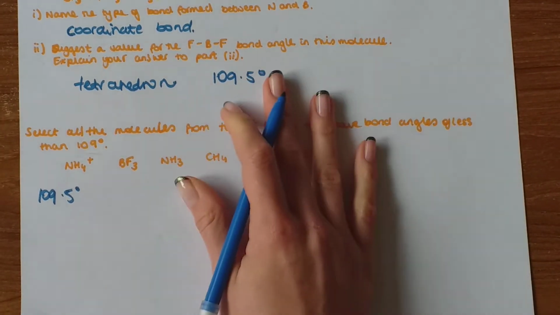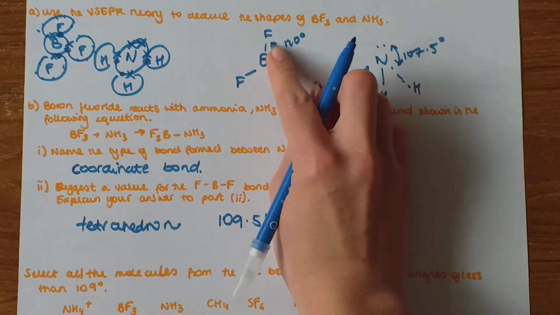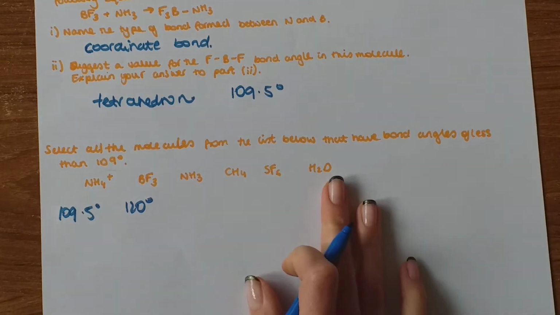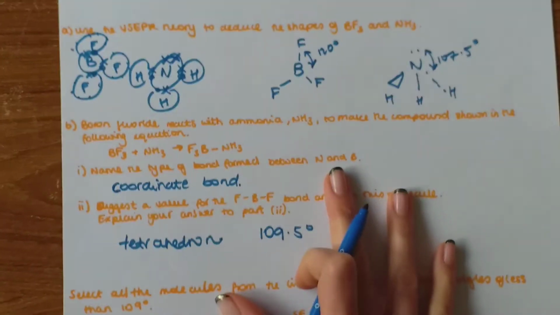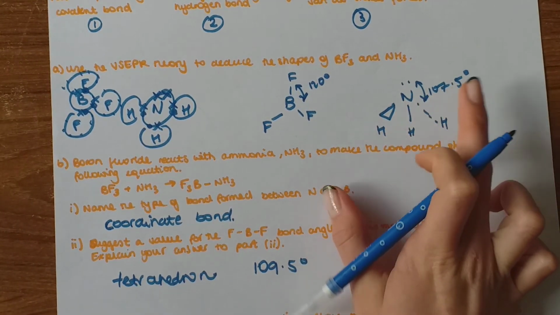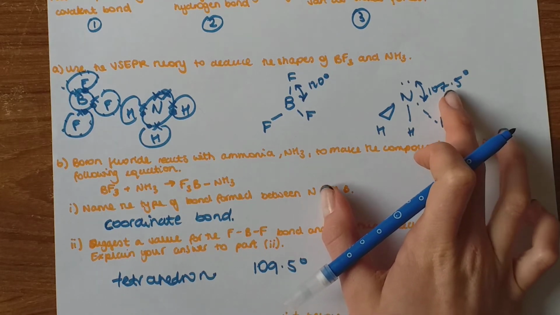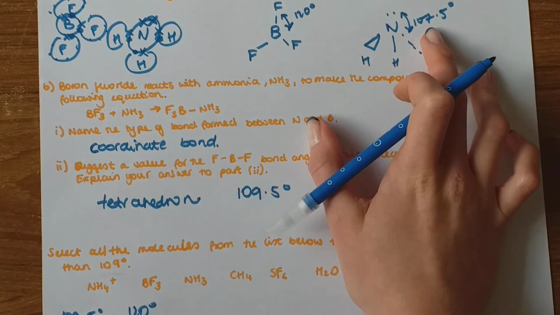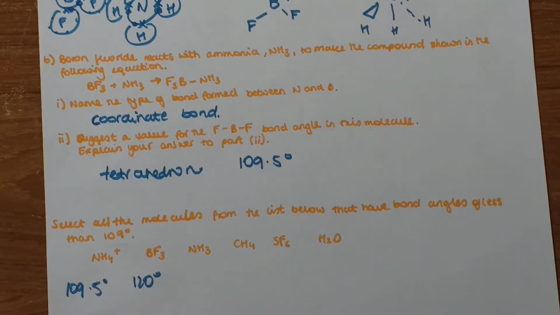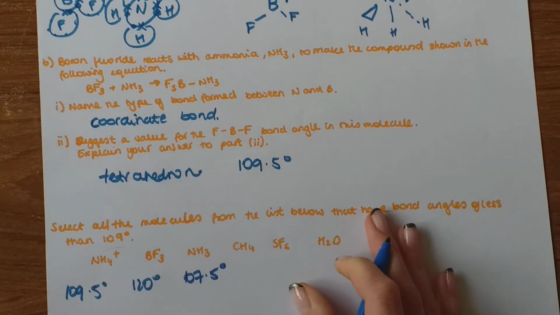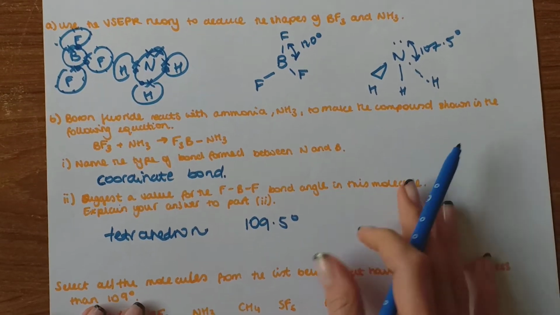BF3, it's going to be like this, so it has a bond angle of 120, which is not less than 109. NH3, we also drew it right here. It had a bond angle of 107.5 degrees.